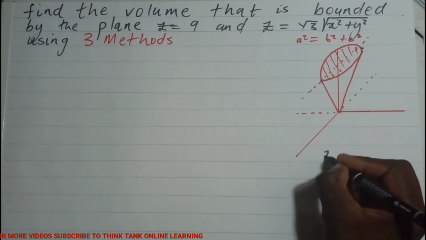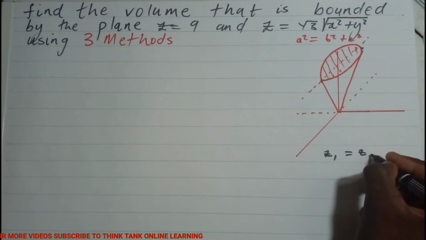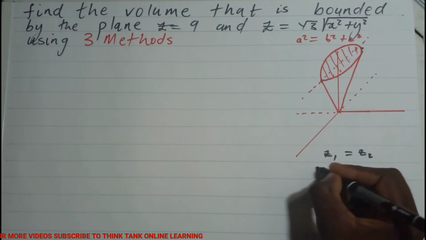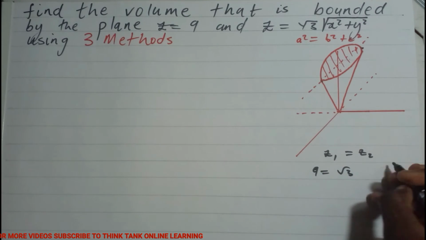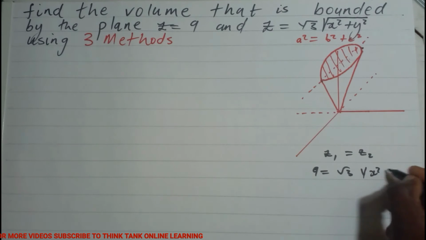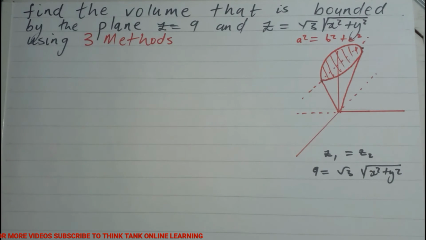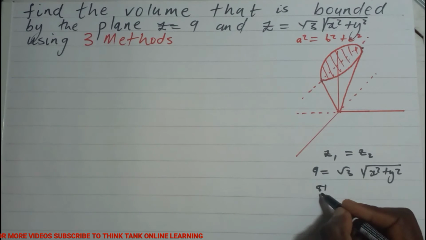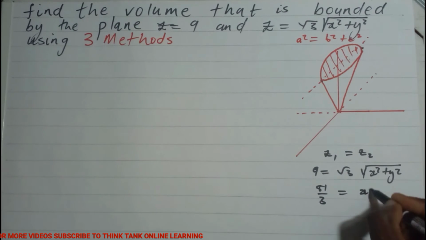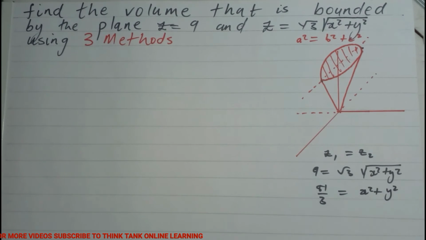Let's do that here. I'm going to say z1 equals z2, so 9 equals root 3 times the square root of x squared plus y squared. If we divide both sides by root 3 and square, we get 81 over 3 equals x squared plus y squared.